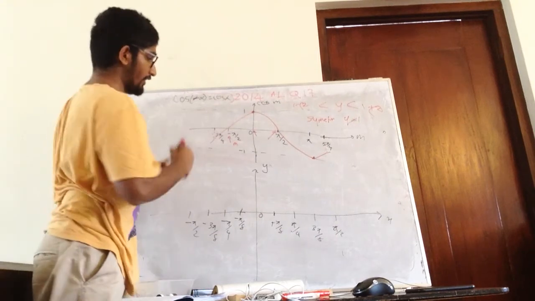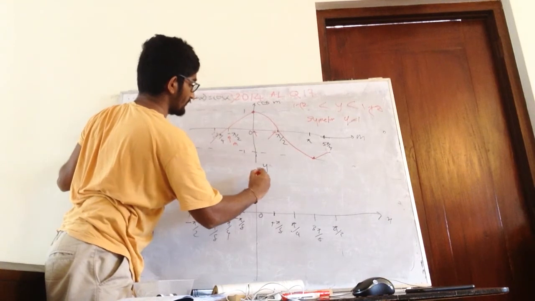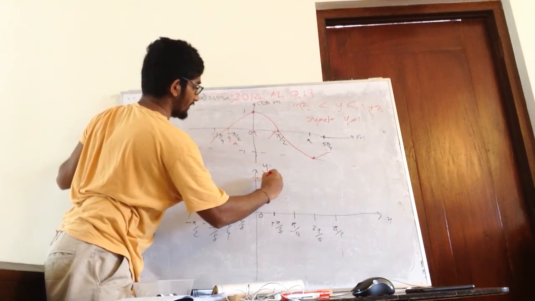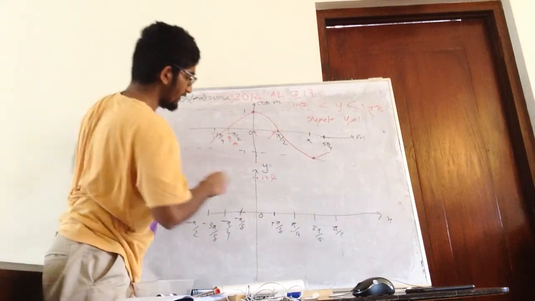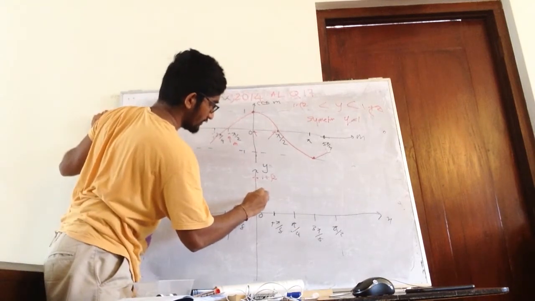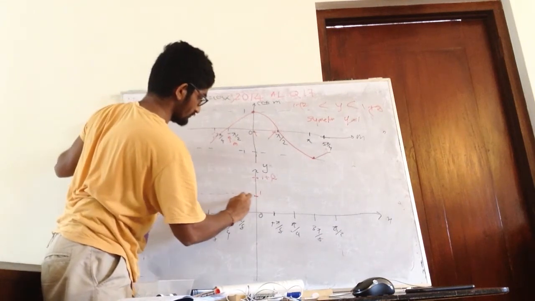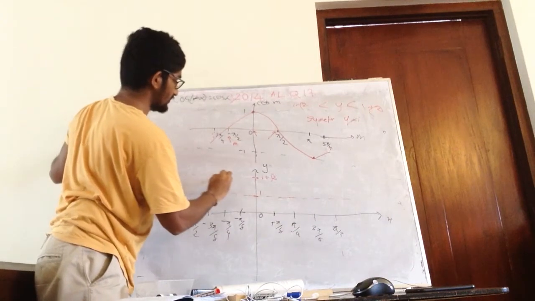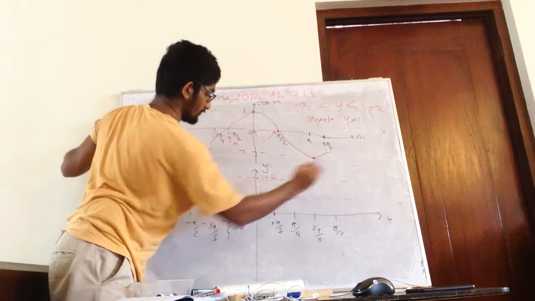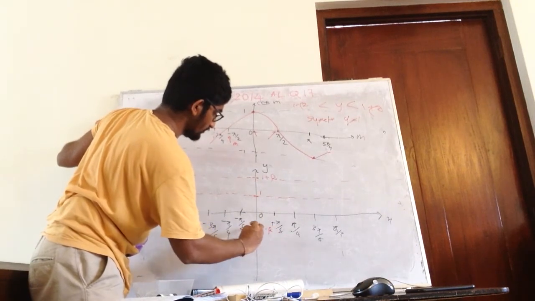Then I know the upper point is 1 plus square root 2. And I know the symmetric line is 1. So this is the upper limit. Then I know 1 minus square root 2 is the lower limit.